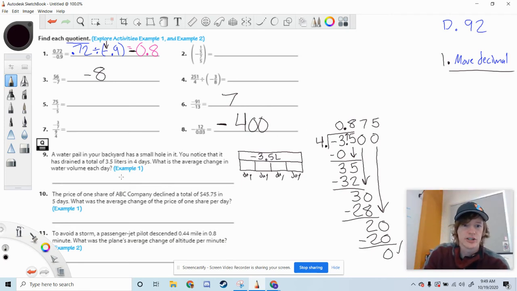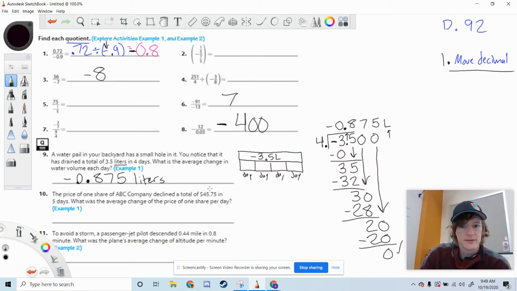So the average change in water volume each day is this many liters. And we've got to make sure it's negative because we're losing water. We're doing negative 3.5 divided by 4. So the average change is about negative 0.875. And it is a word problem, and we need a label, liters. If you choose to use a capital L, that's fine as well.